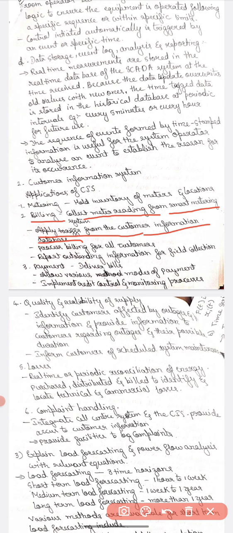Or if they are changing the lines or cables, they should intimate the customers that within these hours the power supply will not be available, so you should do your work early. So identify customers affected by outage, provide information to customers regarding outages and their possible duration, and inform customers of scheduled system maintenance.